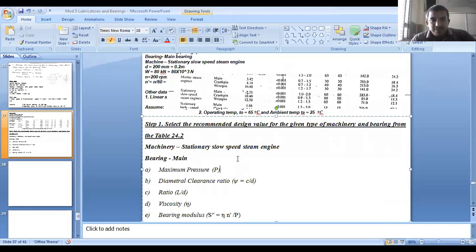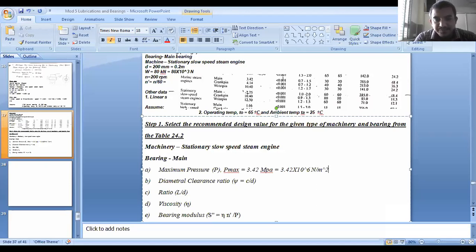So what is the maximum pressure? 3.42 MPa. Now convert that into Newton per meter square. 3.42 megapascal. Mega means 10 raised to power of 6. Pascal means Newton per meter square.